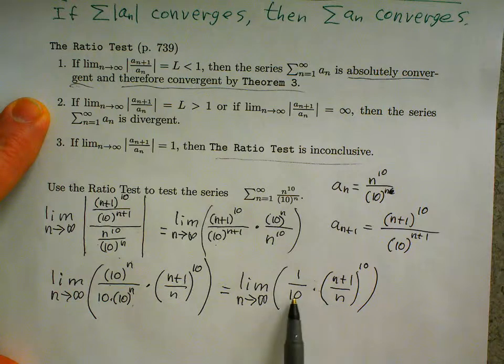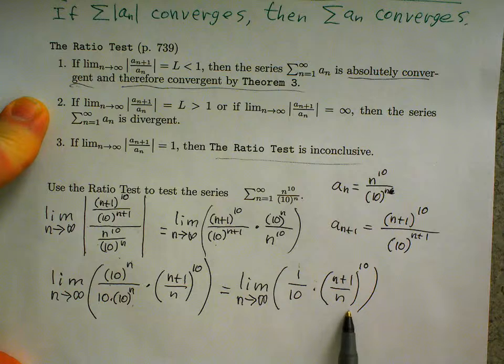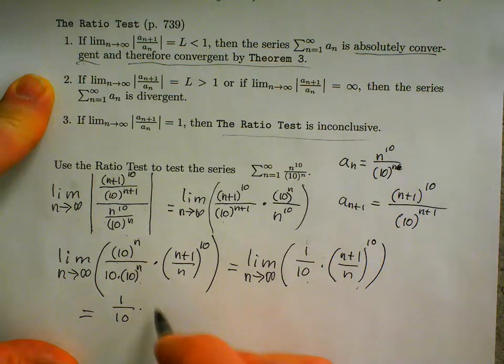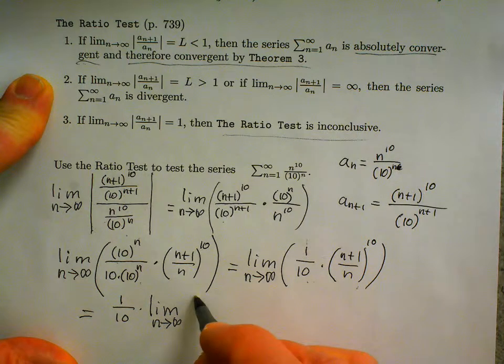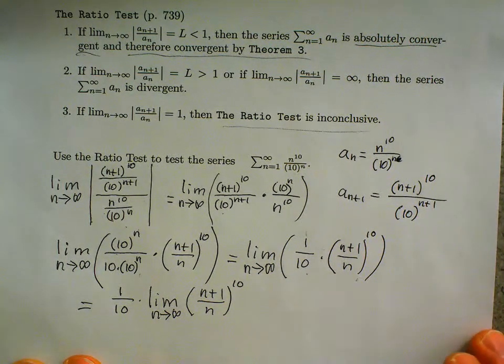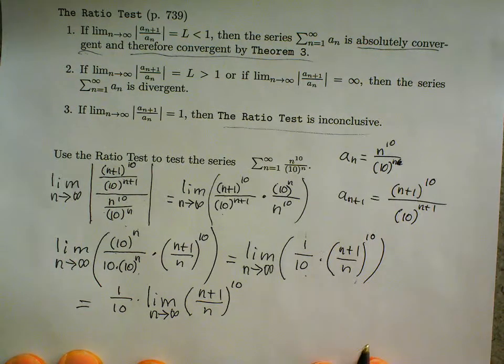We have this constant 1/10 multiplied by ((n+1)/n)^10. So we can bring that constant out front and write it as 1/10 times the limit of ((n+1)/n)^10. Okay, now do we know what the limit is?